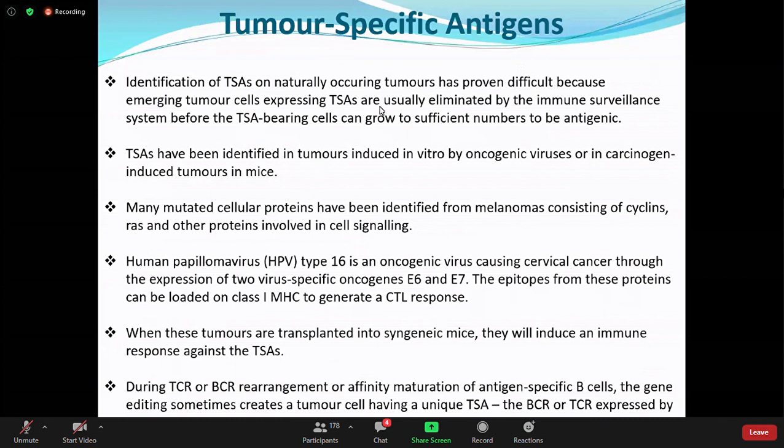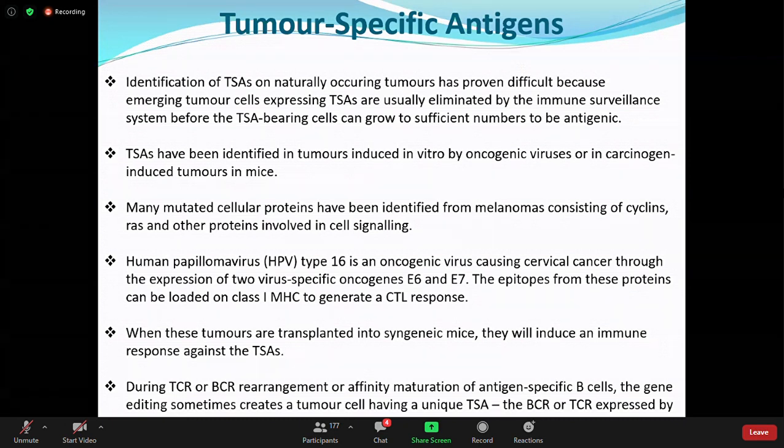Going back to these tumor-specific antigens, as I said, many of these antigens are virus-specific or virus-induced. An example of this is the human papillomavirus, with certain strains, 16 to 18, where as part of the virus structure, there are various proteins which, when getting into a cell, can induce a cell to become oncogenic.